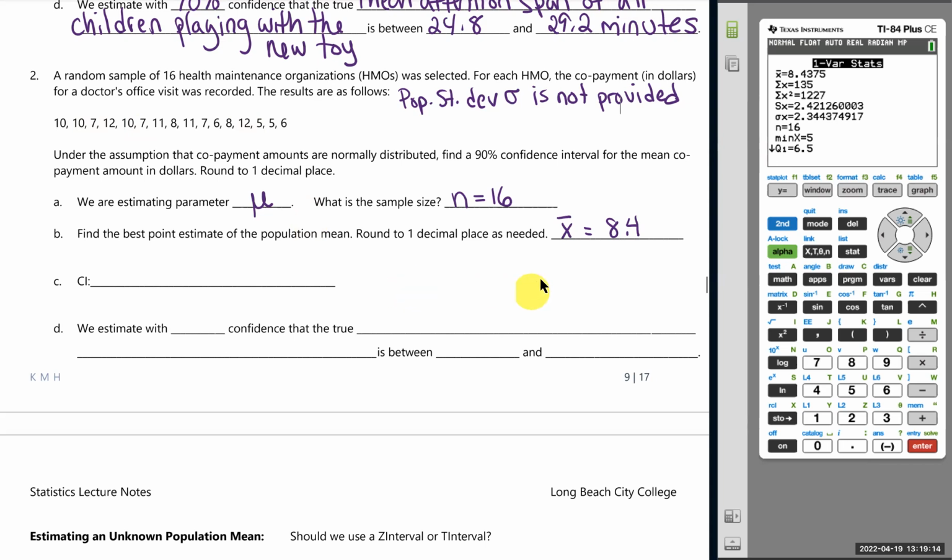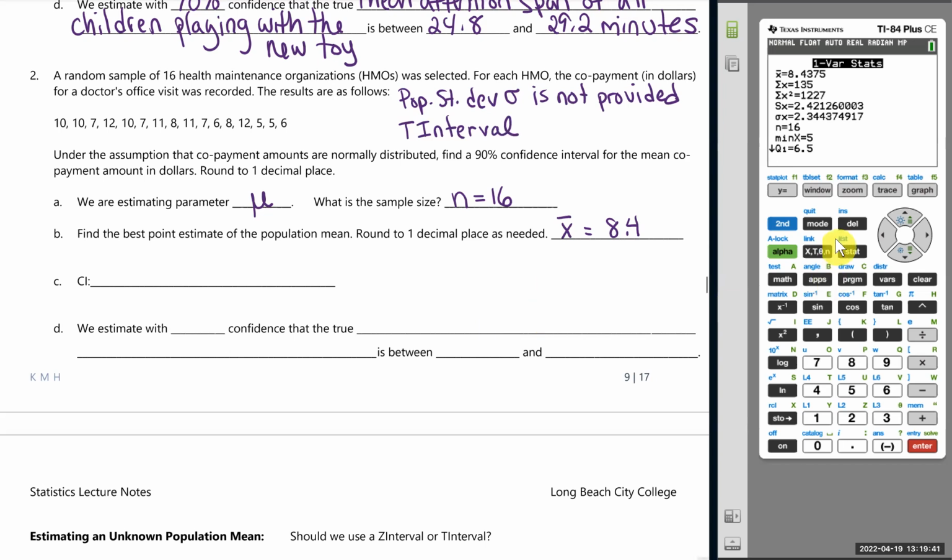Now, I don't want to actually write that number down and round it, because when we have data, in order to be the most accurate we can be, we're going to let the calculator just work with the data. So let's do that. Population standard deviation sigma is not provided, and that means that everything will be based on the t distribution. So it's a t interval that applies.